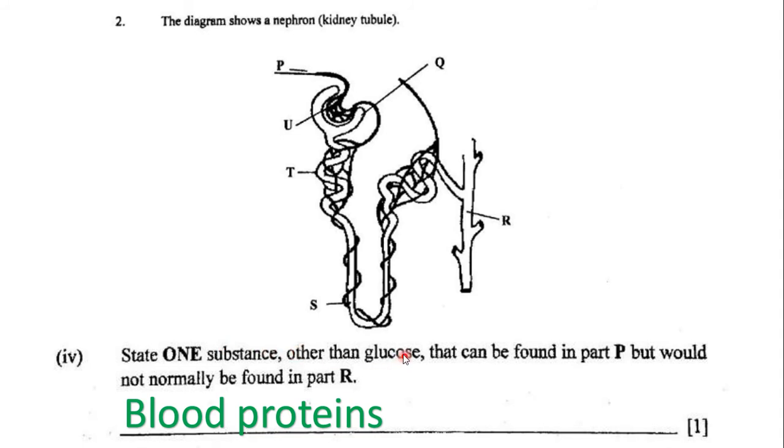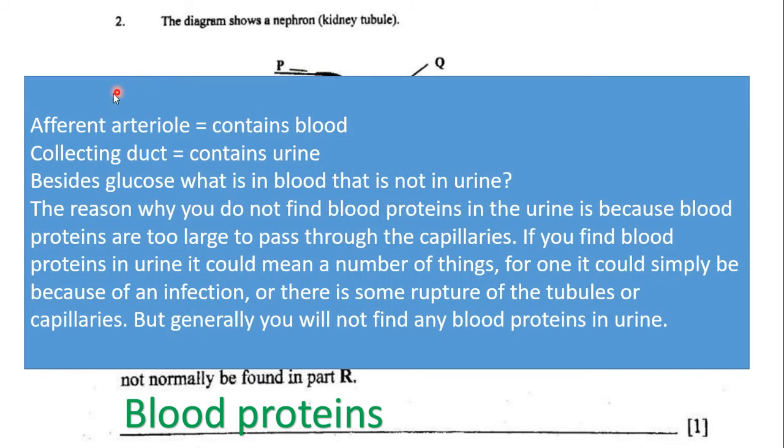State one substance other than glucose that can be found in part P, but would not normally be found in part R. Now, if we notice carefully, P is referring to the afferent arteriole, and in this structure, we have the blood, and R is referring to the collecting duct, and in the collecting duct, we would have urine.